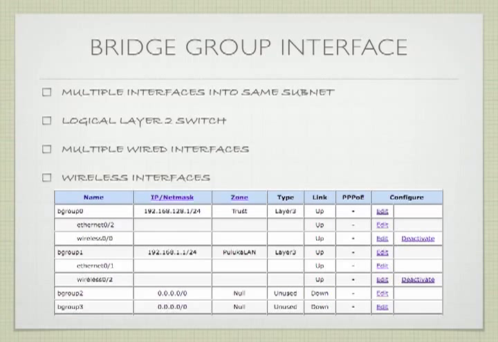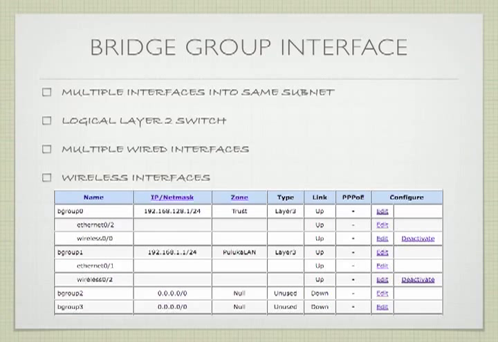The physical and wireless interfaces belong to the bridge group, and then the IP address is assigned at the bridge group level. So here we have the zones that are assigned also at the bridge group level, and these become then a layer 3 interface that includes multiple interfaces below it, and they can be either multiple physical, wireless, or a combination of those.